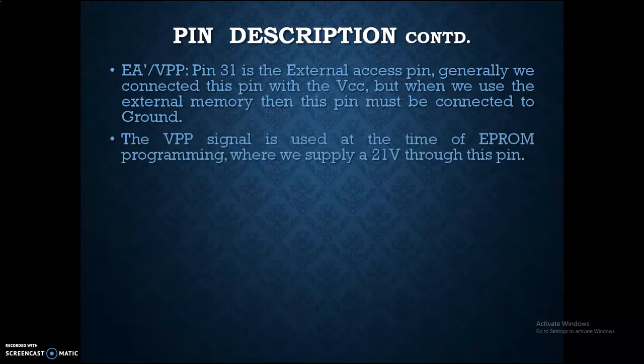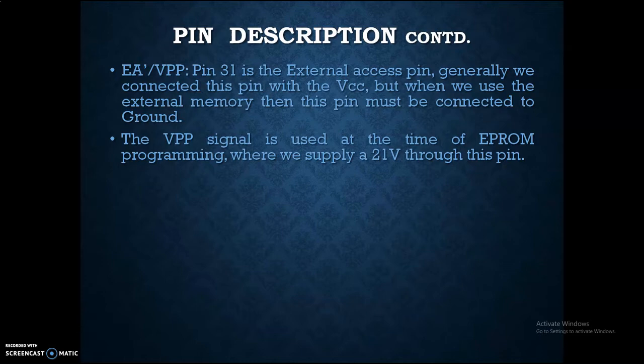And this EA bar and VPP, pin number 31, is a very important thing, as we know that the on-chip ROM is only 4 kilobytes. But as a 16-bit address bus is there, it can address 2 to the power 16, that is 64 kilobytes of data. If the program length is more than 4 kilobytes, then what will happen? Then we have to connect an external memory device. ROM is not available in the market; what is available in the market is RAM.